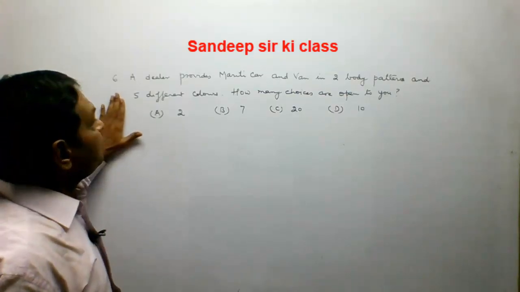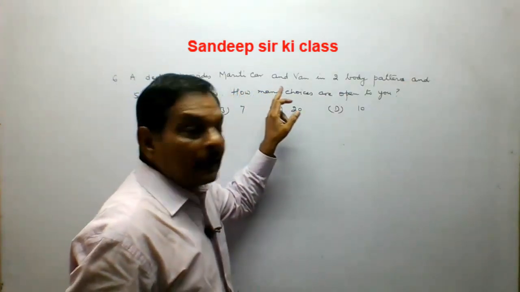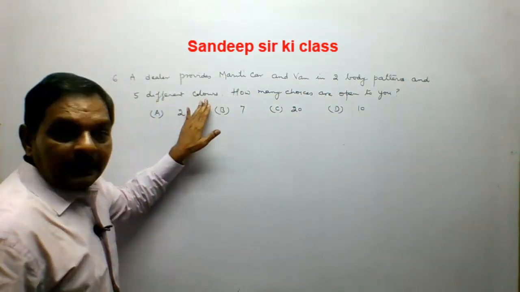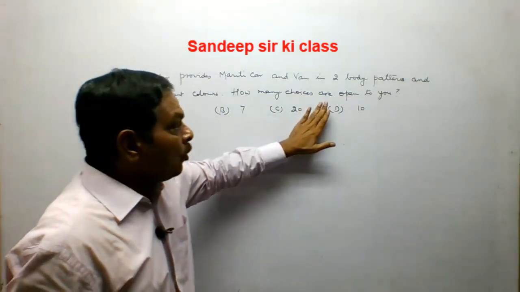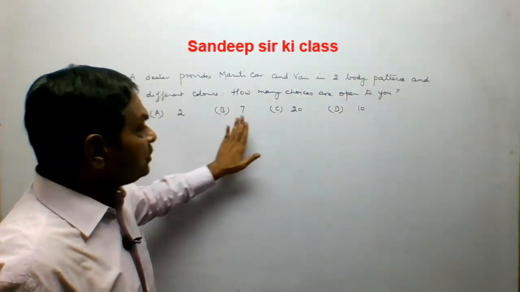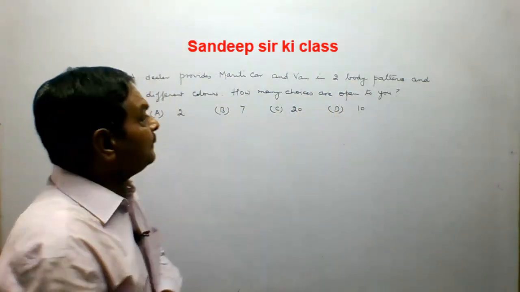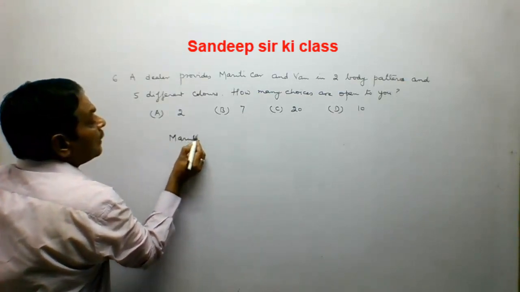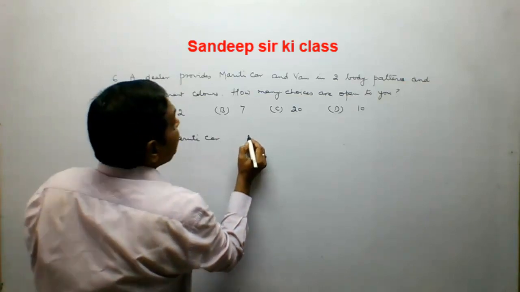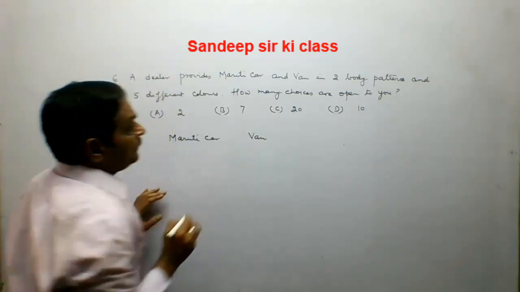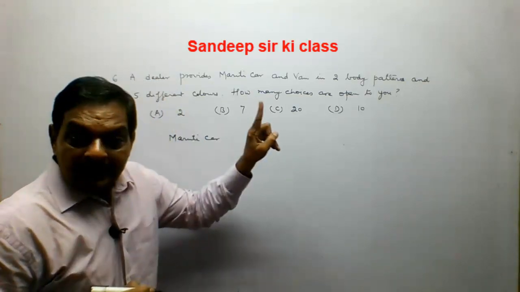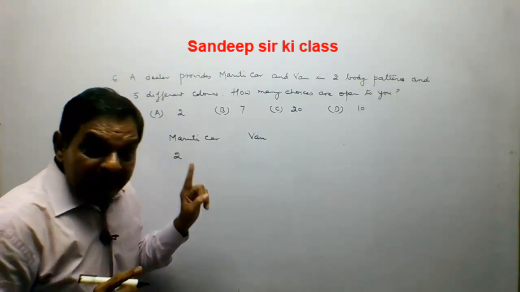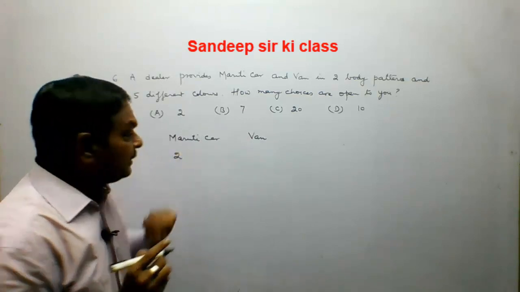Question number 6. A dealer provides Maruti car and van in 2 body patterns and 5 different colors. How many choices are open to you? Options are 2, 7, 20 and 10. See, one is Maruti car and second is van. Now Maruti car is available in 2 body patterns, and each body pattern is having 5 colors.